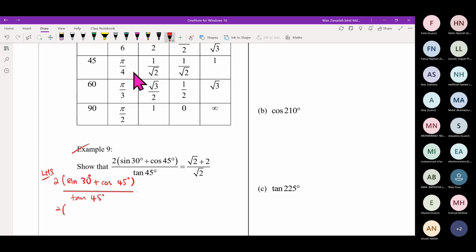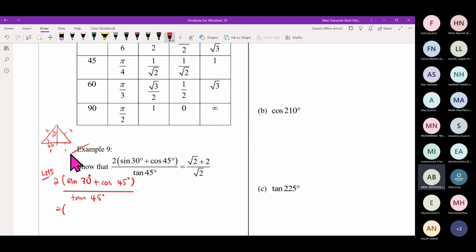Sin 30 is 1 over 2. Sin 30, which triangle? This is 30, this is 60. Where does it come from? It comes from an equilateral triangle, which is 2, 2 and 2, right? So when I divide this into 2, this is basically 1 and 1, right?